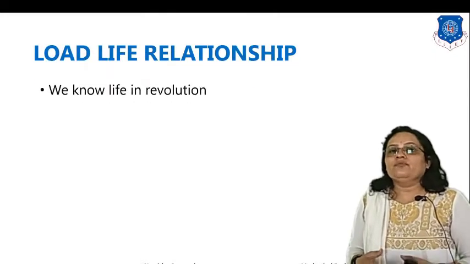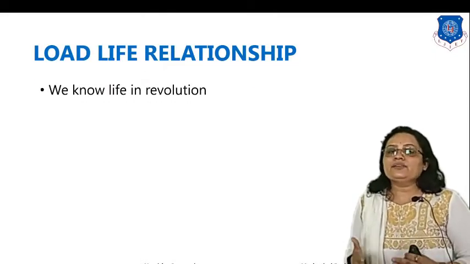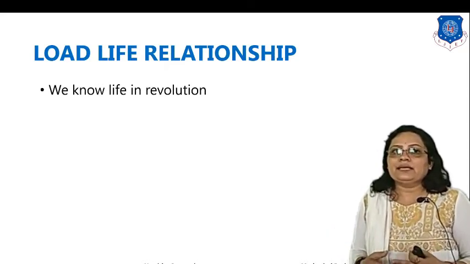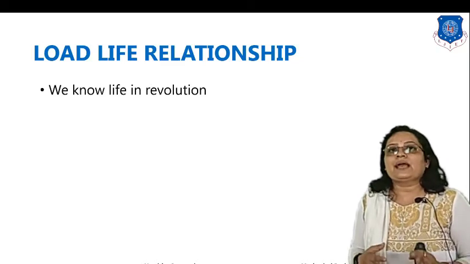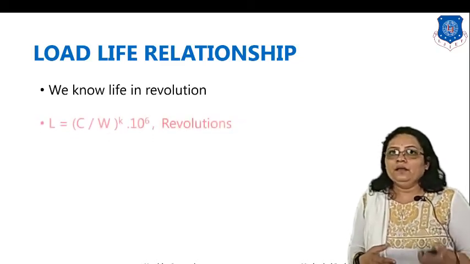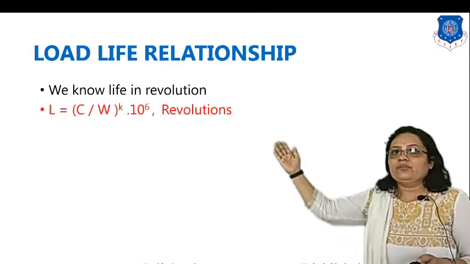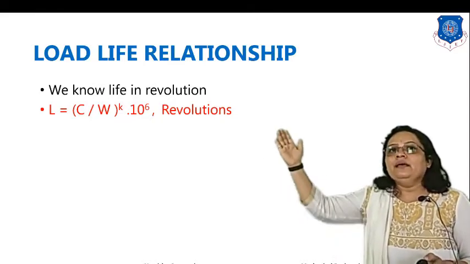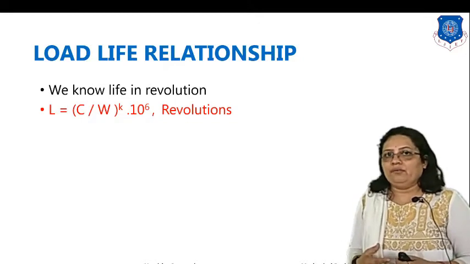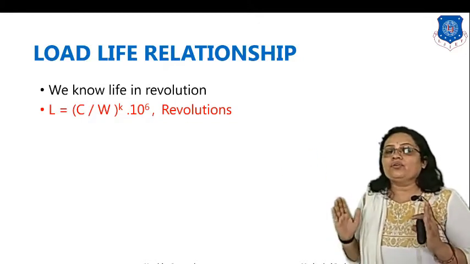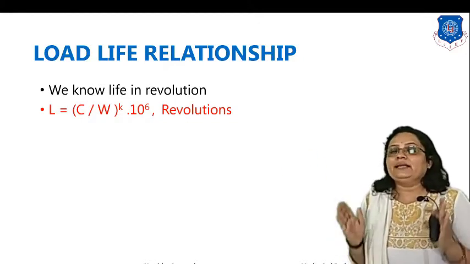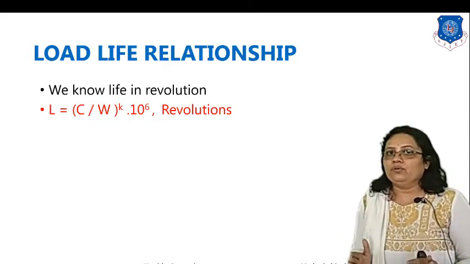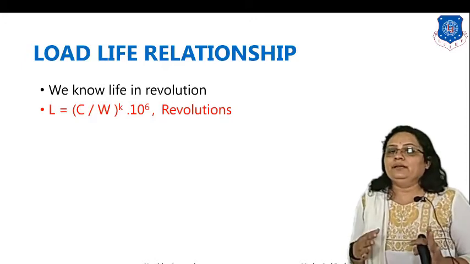Next step is the load life relationship. Okay, we have already seen it. The equation is L is equal to (C divided by W) whole power K multiplied by 10 raised to power 6 revolutions. Okay, so here L is always your rating life, which is the life corresponding to 90% reliability.